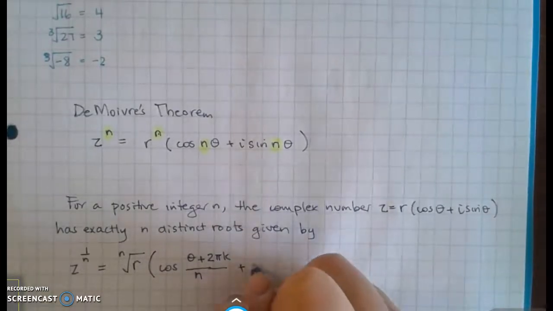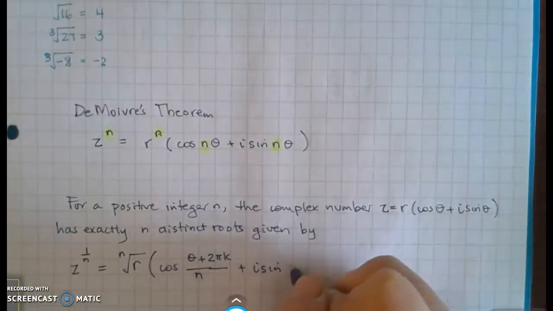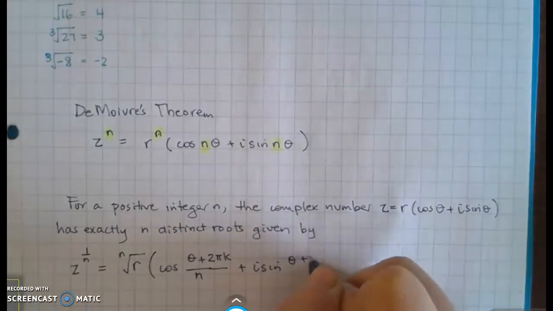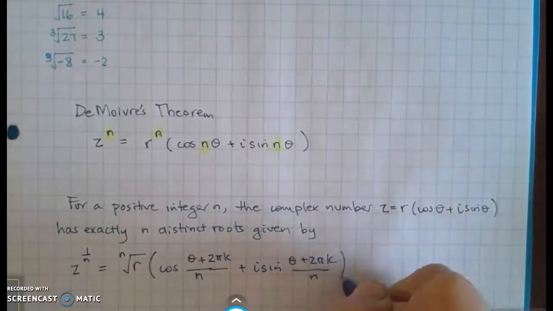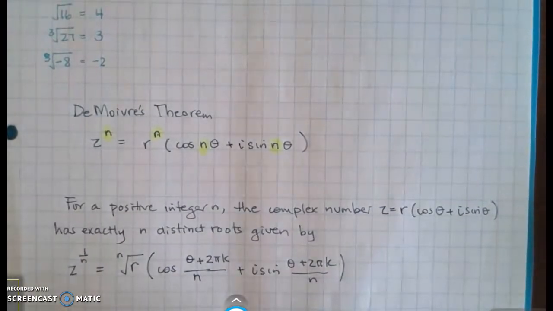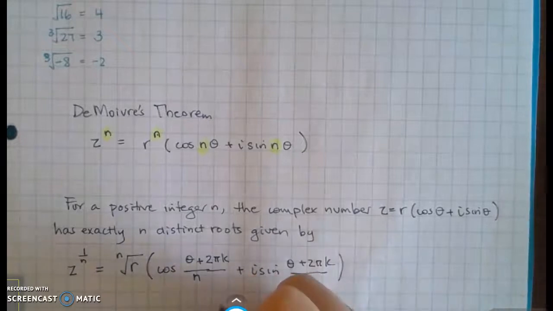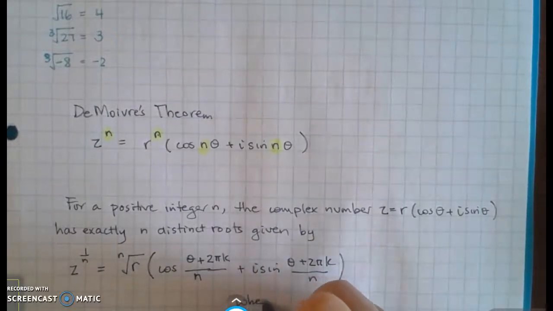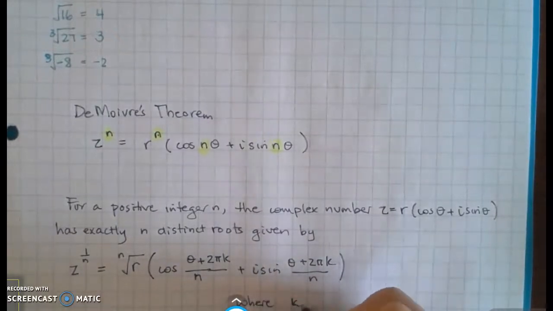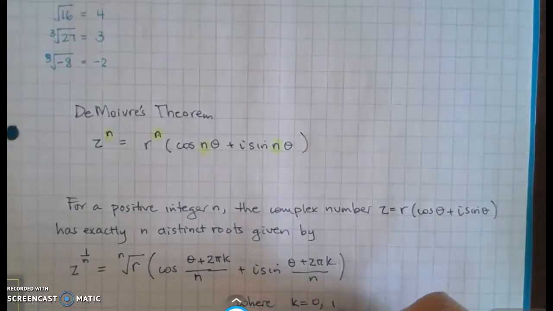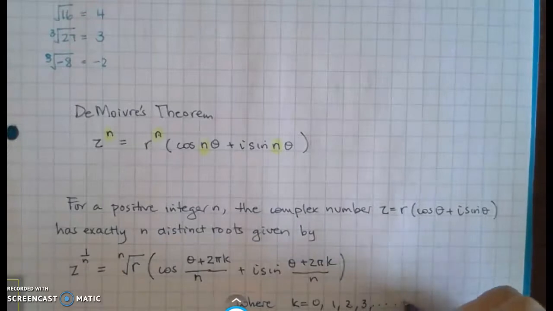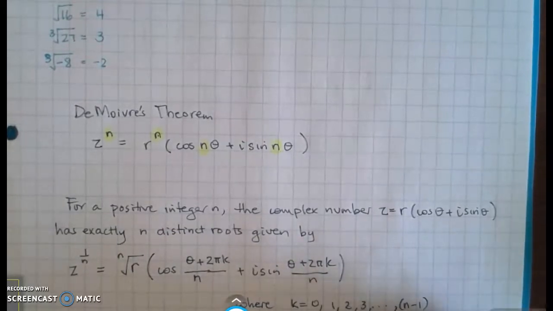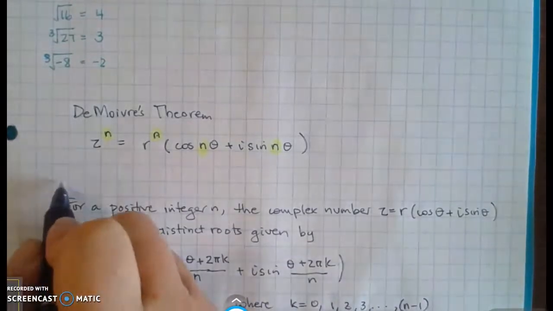So i sine of, again, theta plus 2 pi k all over n, where k is 0, 1, 2, 3, all the way to n minus 1. Okay, and this is the formula.